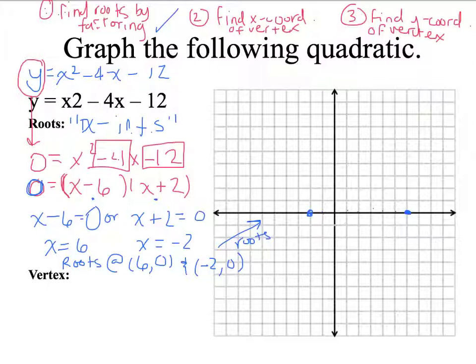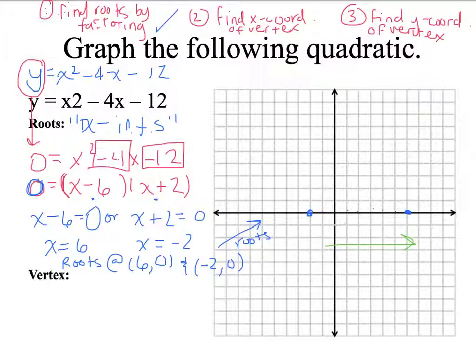Now, the only other thing we need to find is the vertex to give us our third point that lets us do the quick but accurate sketch. Vertex is made up of two coordinates. We have the x-coordinate and the y-coordinate. Now, we start with the x-coordinate because this really cool thing about parabolas exists, and that is that they are perfectly symmetrical.